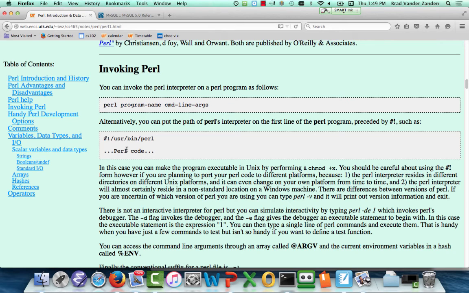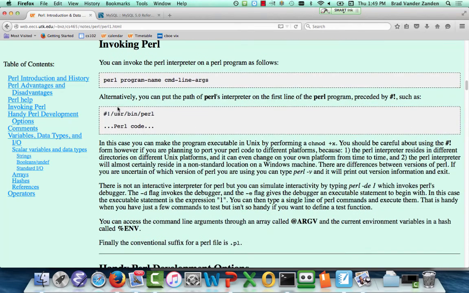So it works well if all you're doing is creating it for your personal use. But if you think it's going to be used globally, you generally don't want to hard code where to find the Perl interpreter. You just instead will run it using the interpreter.